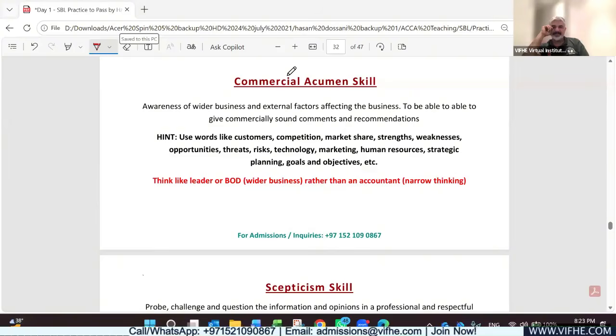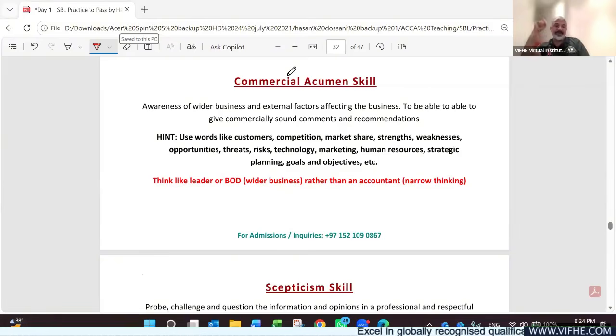Possible reasons. Poor IT controls, poor password management, poor firewall, poor staff training, bad IT security. Okay, very good. Enough, enough.